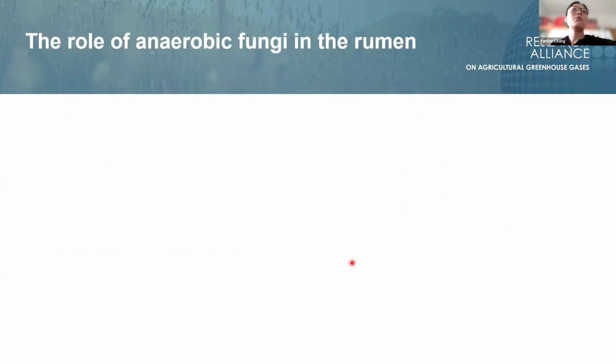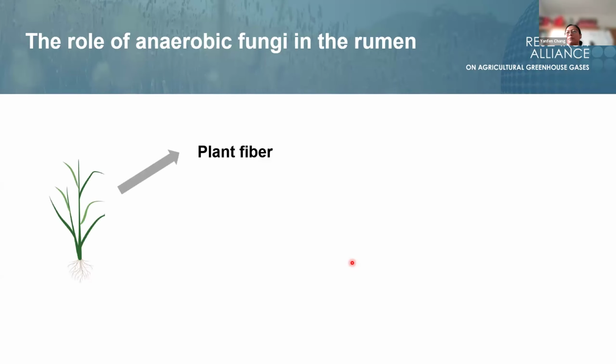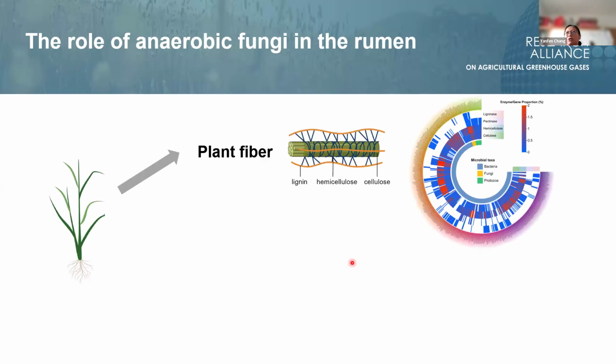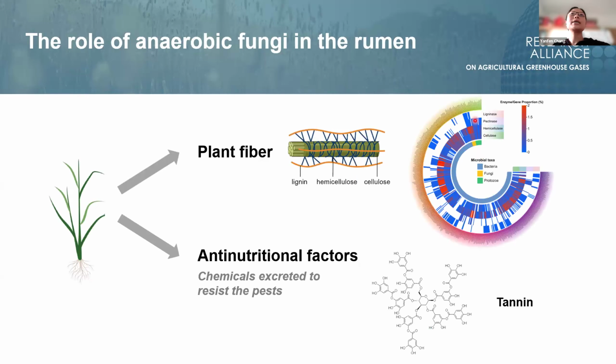So after that, I will introduce the role of the fungi in the rumen. We know that in the rumen, the most important thing is to degrade the plant material. So the largest amount of fiber is in the plant material. So the fungi have a very high diversity of enzymes that degrade the plant fiber. And the second one is some anti-nutritional factors in the plant fiber, because we know over the process of growth, the plant needs to resist pests.